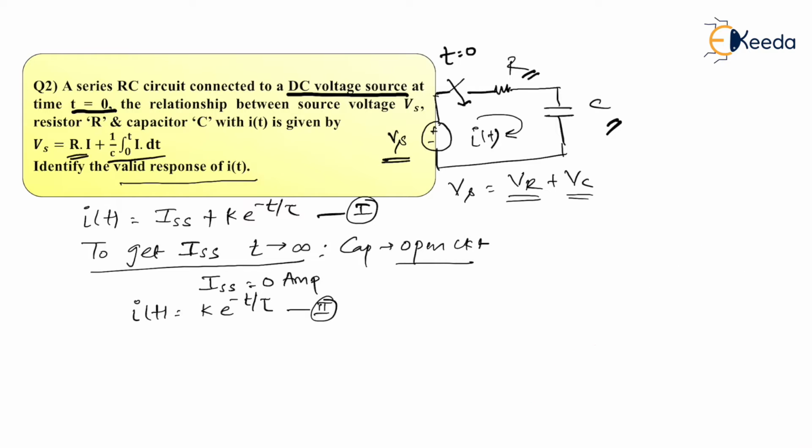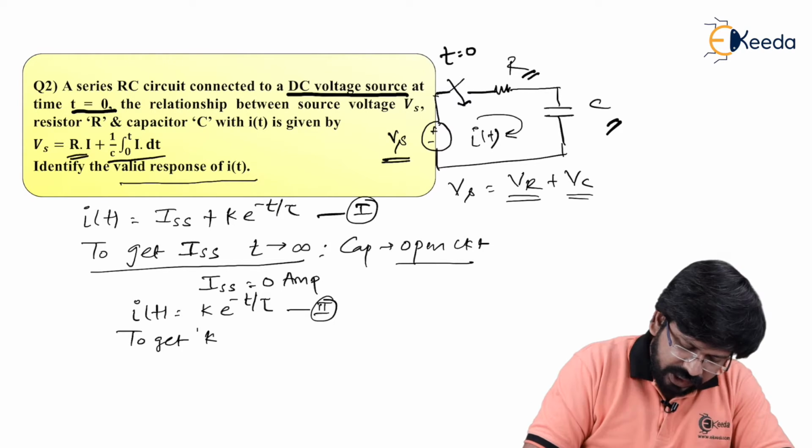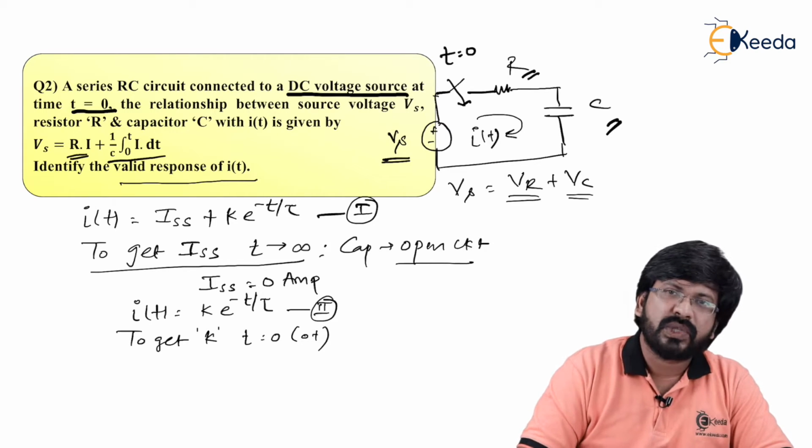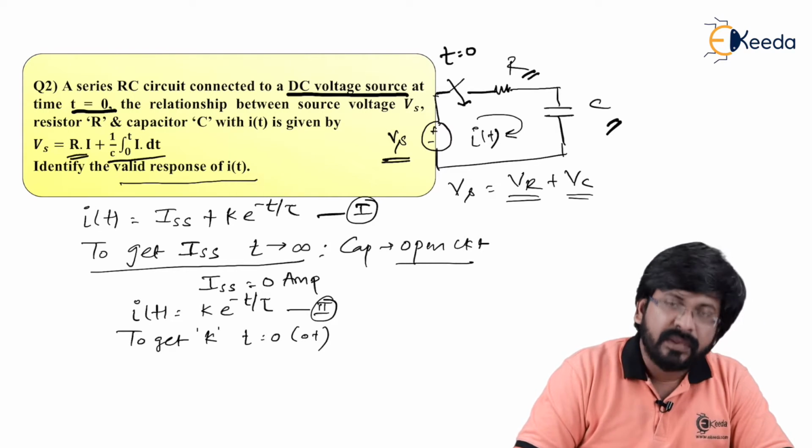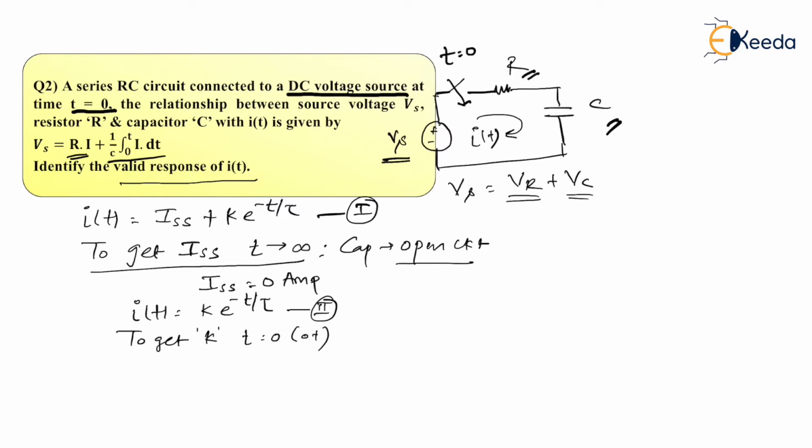Now to get k, we substitute t equal to 0, in fact 0 plus. So as you could see, we can substitute t equal to 0 plus. At t equal to 0 plus, try to get I of t. You know the fact that what was the voltage on capacitor before, for t less than 0?